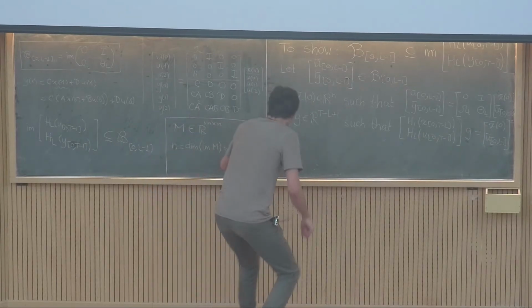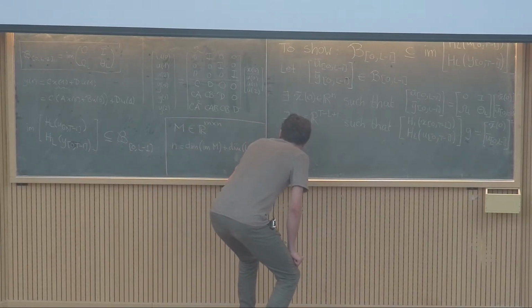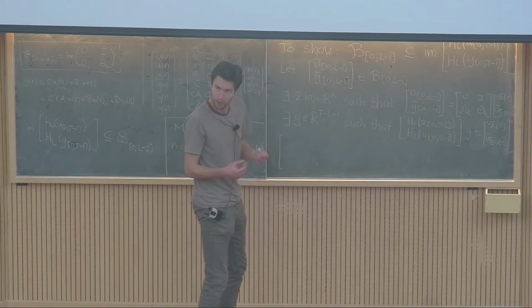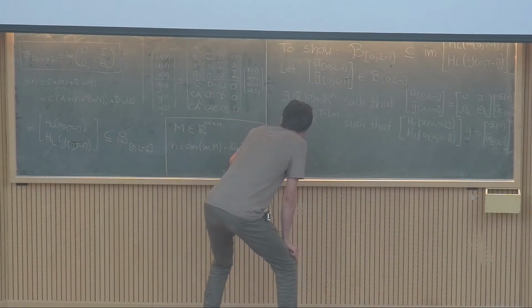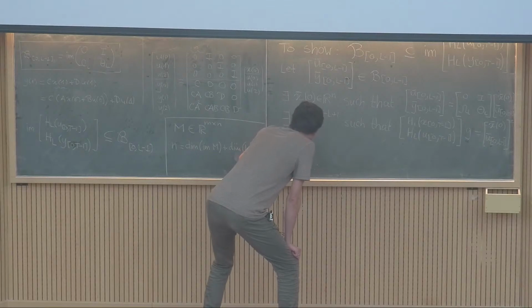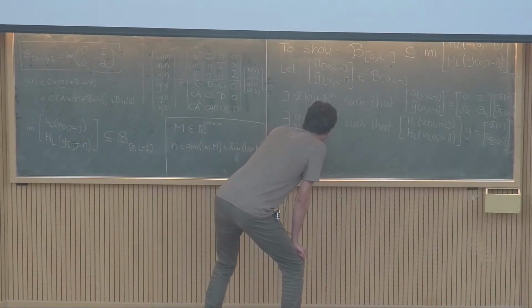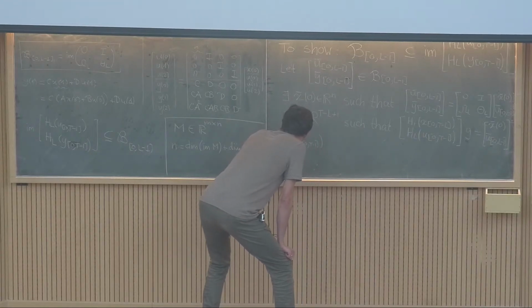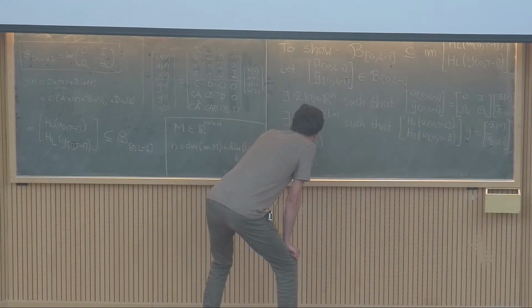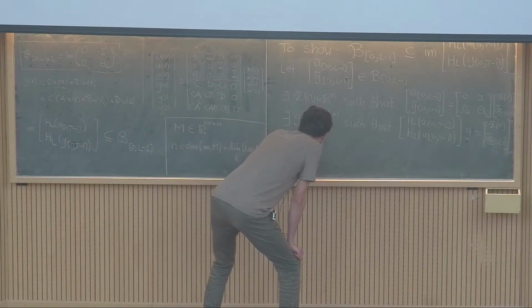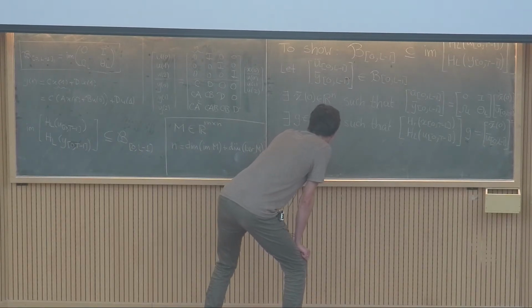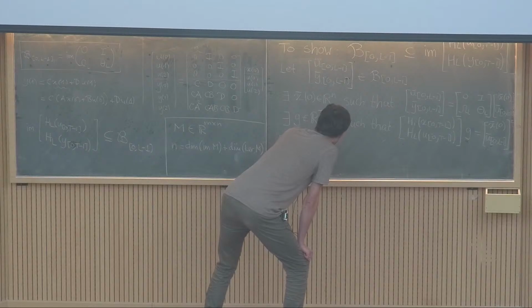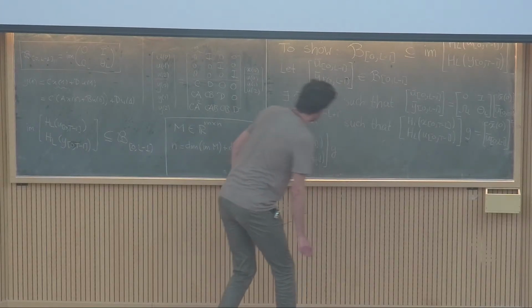Well, now what I do is the following. So I look at the input-output Hankel matrix of the data, and I multiply with this g.